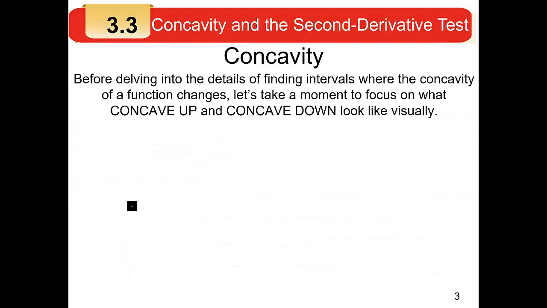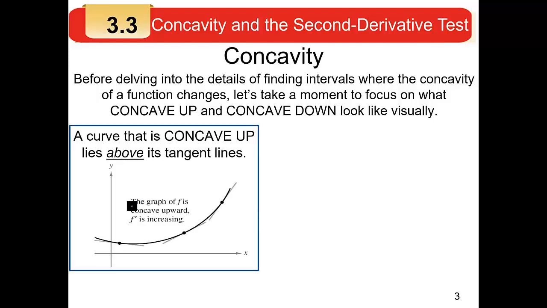Before we delve into the details of finding intervals where functions have concavity changes, let's take a moment to focus on what concave up and concave down look like visually. For example, if I take this curve, you notice that if you start drawing tangent lines to that curve, you see that they all fall underneath the curve. So we can think about a graph of a function over an interval.